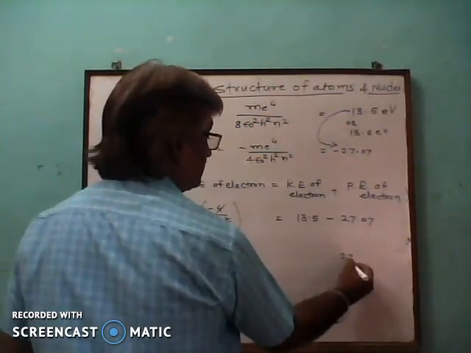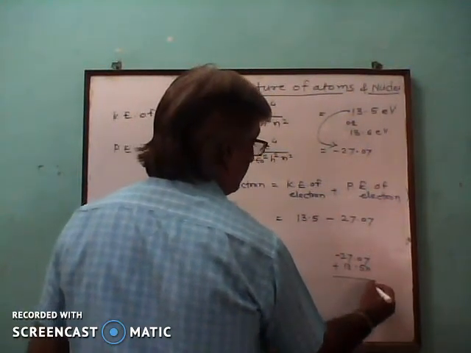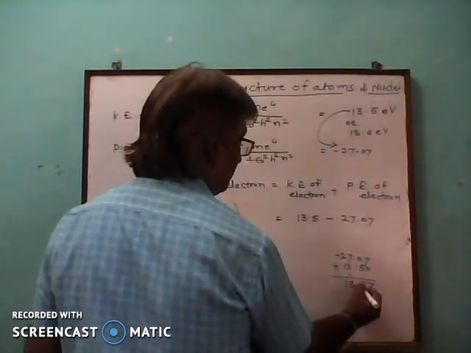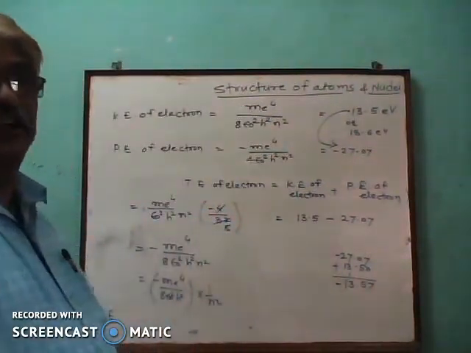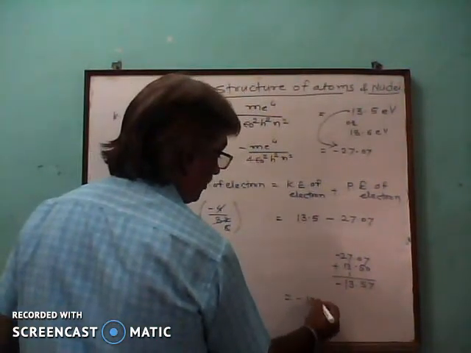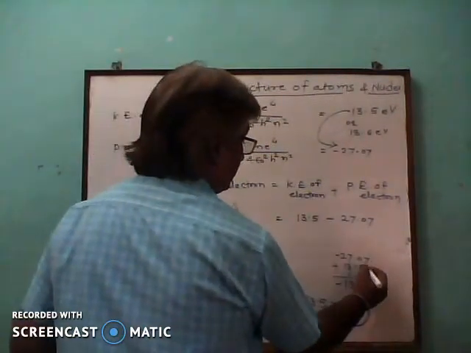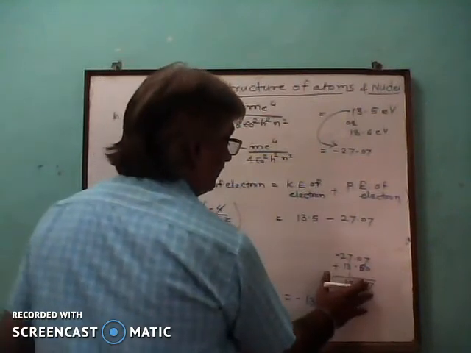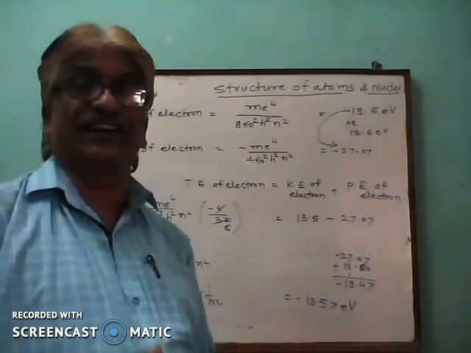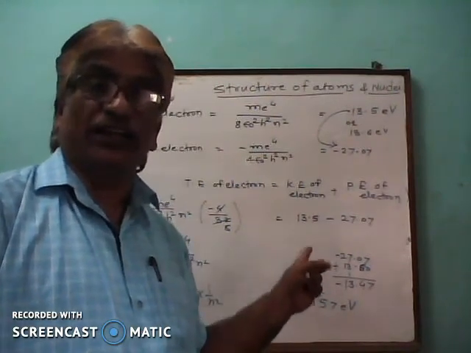Adding 27.07 and 13.5 gives minus 13.57, which is the total energy of the electron in electron volts, approximately minus 13.5 electron volt.